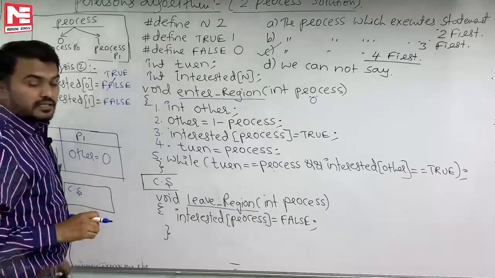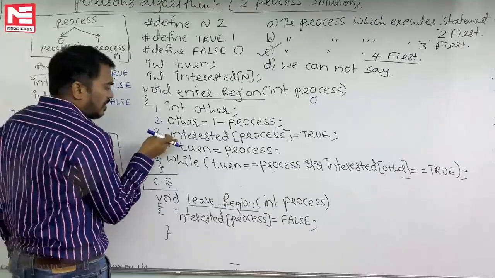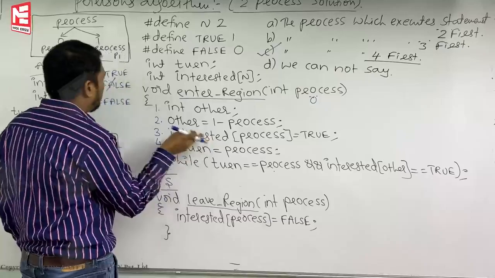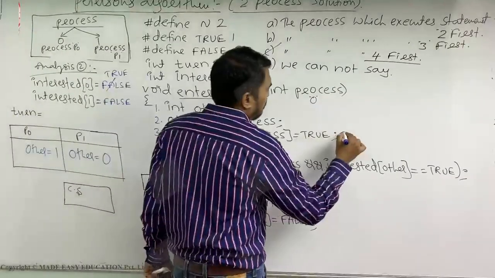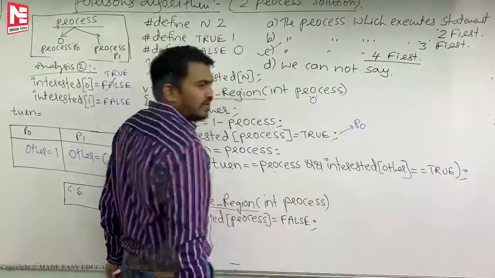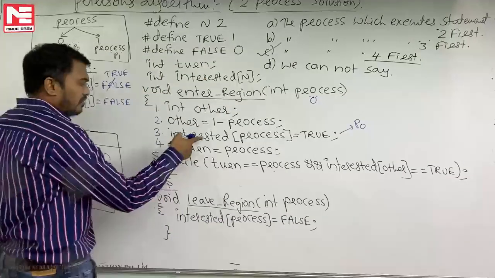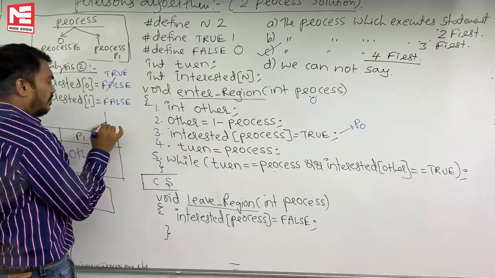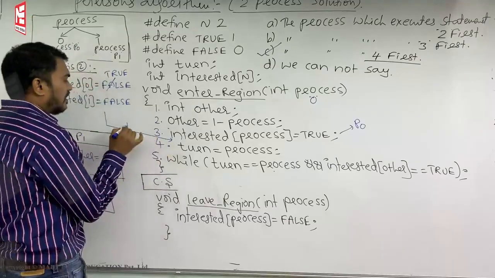Listen carefully. Now P0 has executed up to the third statement. Okay, the third statement is completed. Who executed this statement first? P0. Now let us say after executing the third statement, P0 is getting preempted.